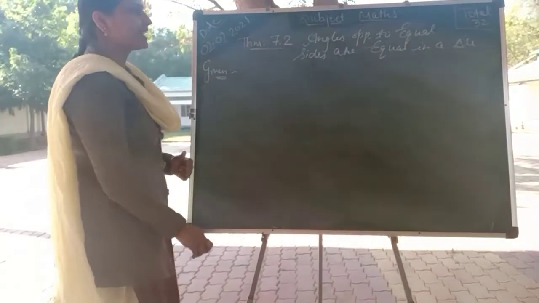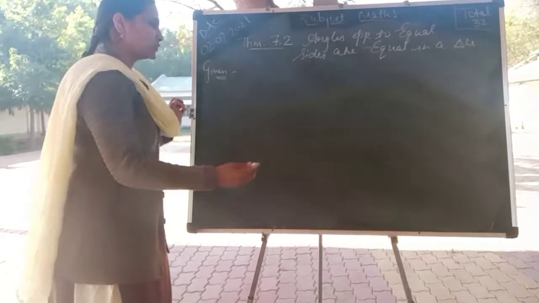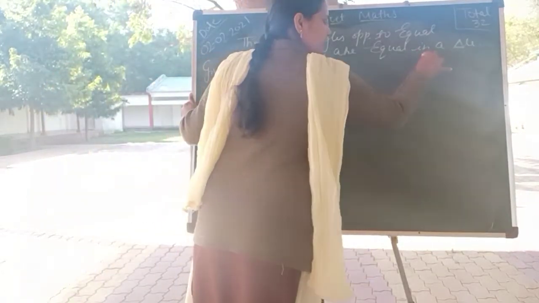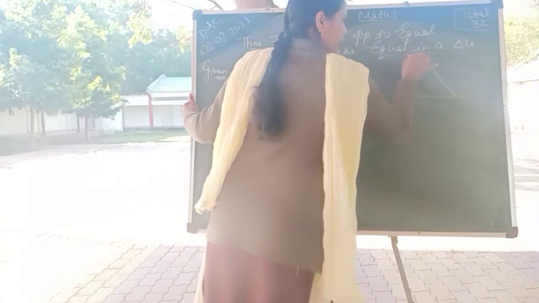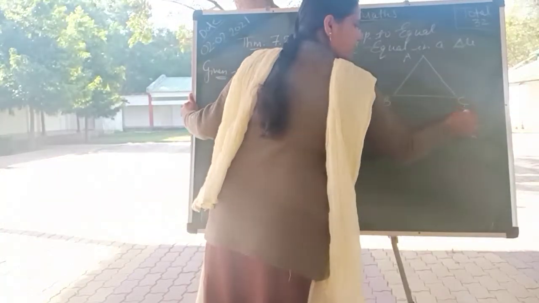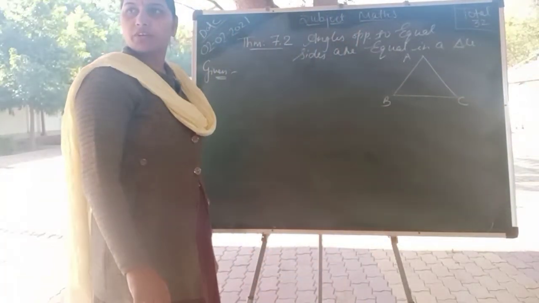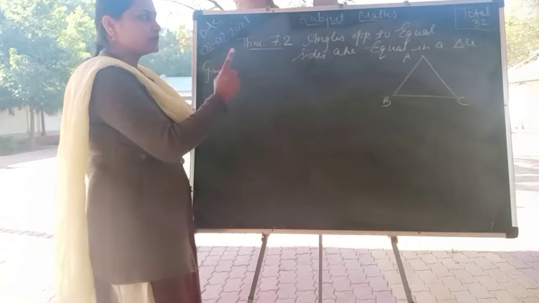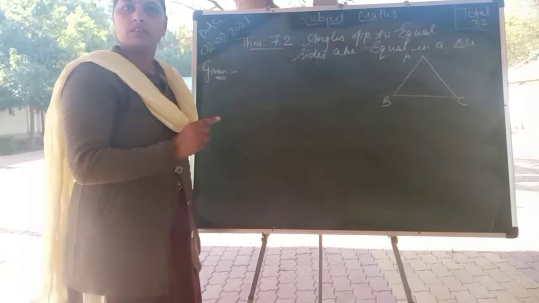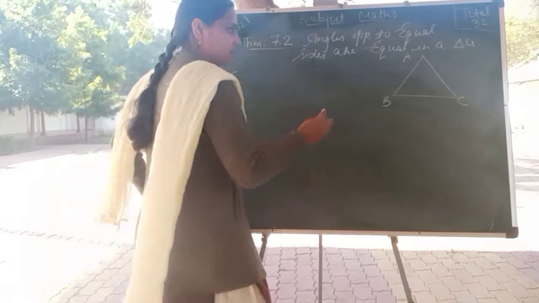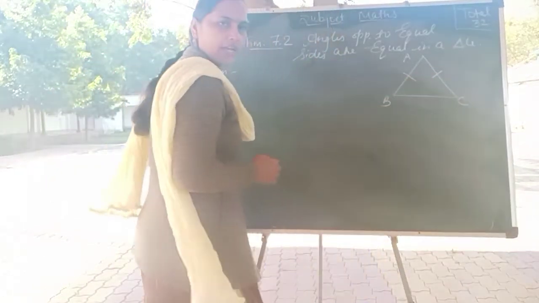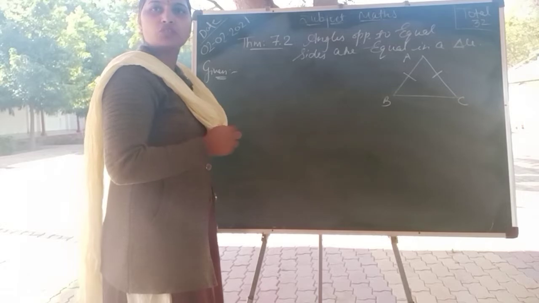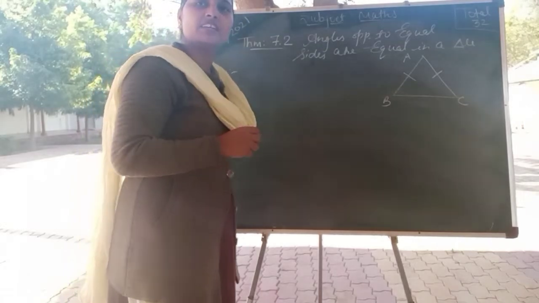Now, the theorem is: angles opposite to equal sides are equal. I'll draw the figure. Triangle ABC is a triangle. What is the meaning of the statement, angles opposite to equal sides? There are two equal sides. If I say these two are equal sides, which angles are equal?